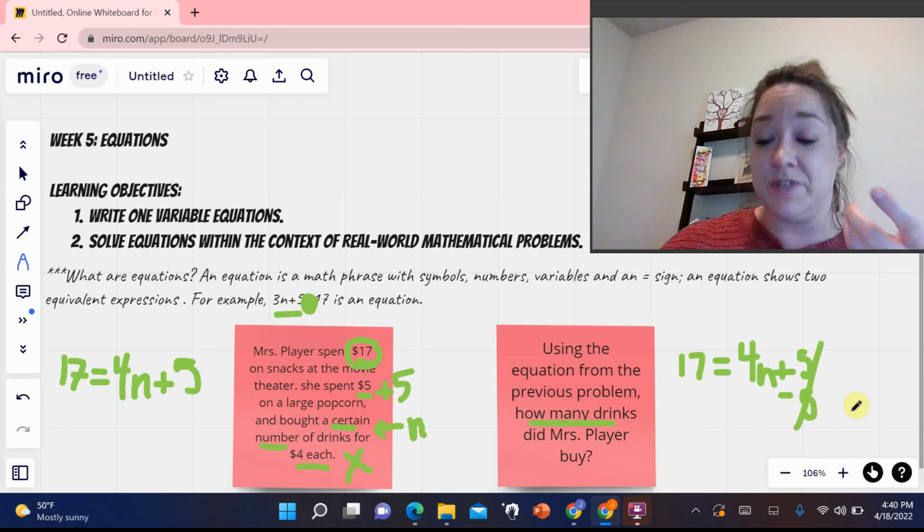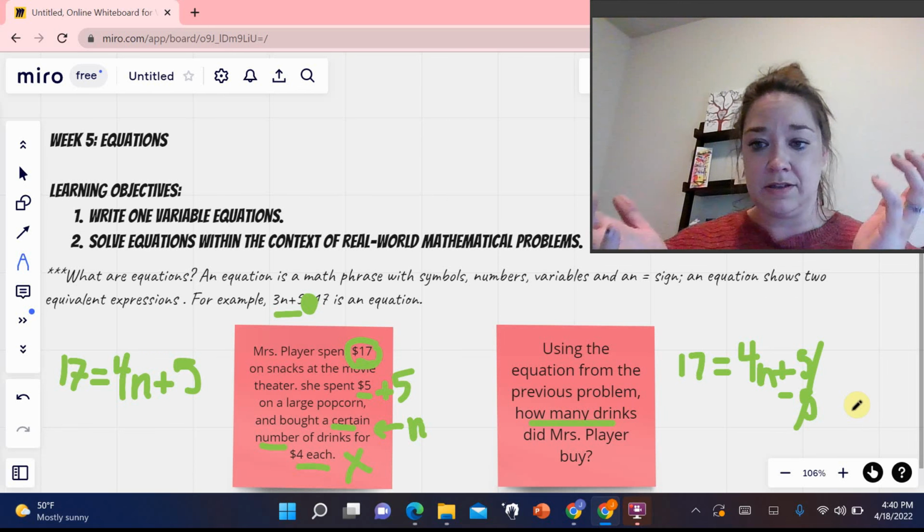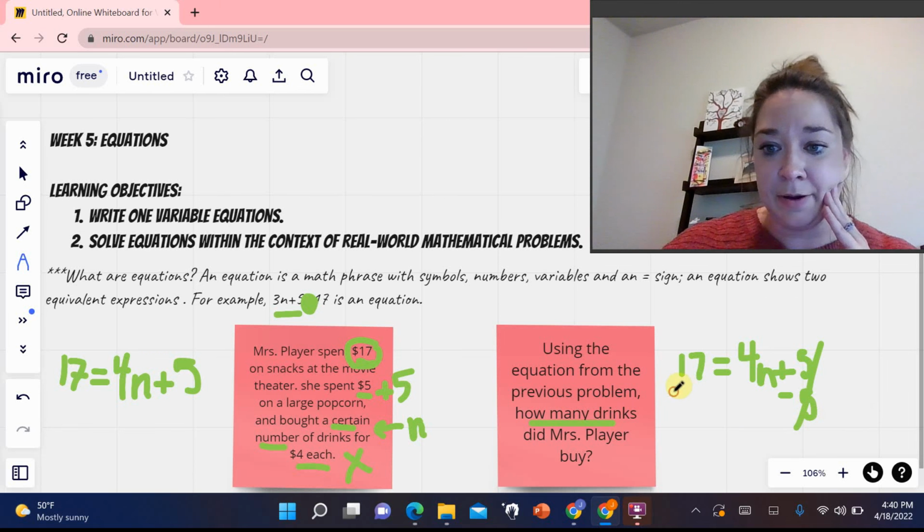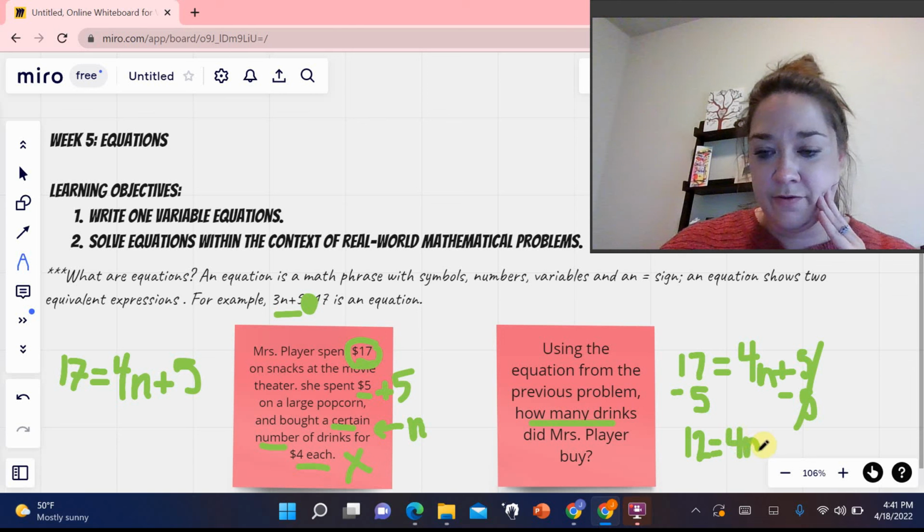So I've removed it from that side of this equation. But to keep things in balance, I have to do the same thing to the other side. And 17 minus 5 is 12.